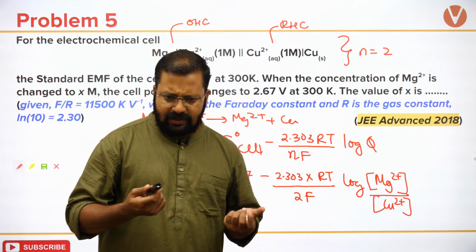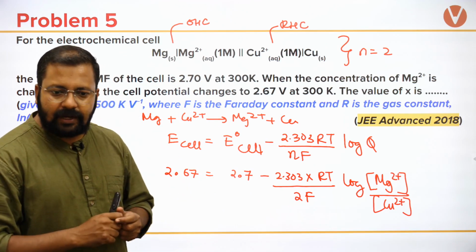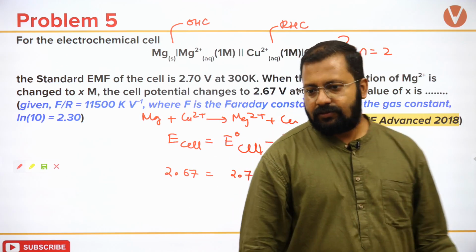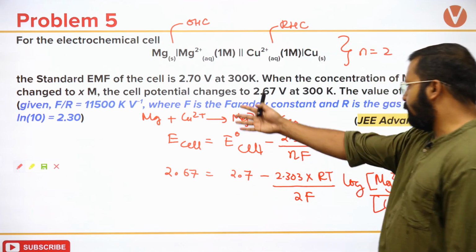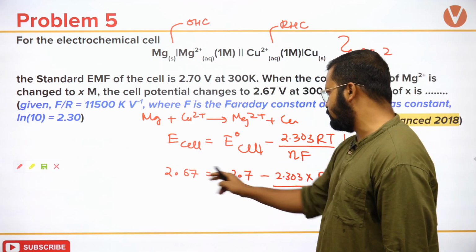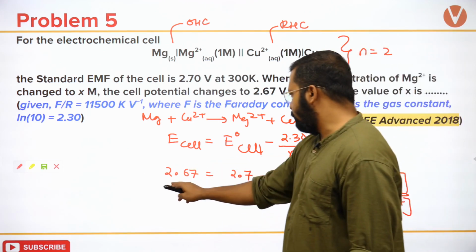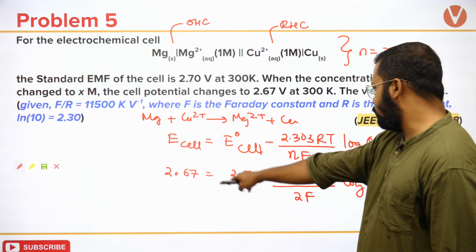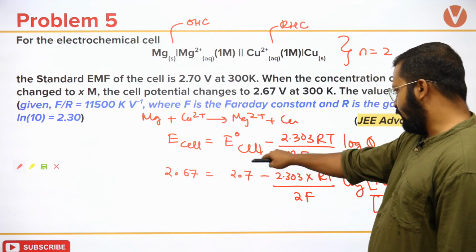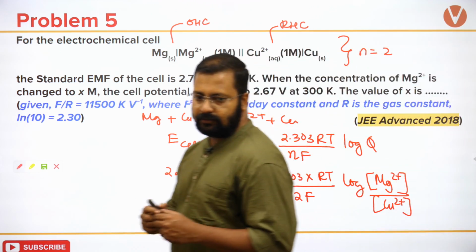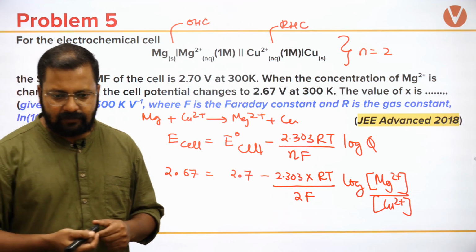So is everybody getting 10? A lot of people have answered that they are getting 10. Here everything has been given to you, F by R, because when you subtract this, you will get minus 0.03, and minus 0.03 times 2 times F by R times 1 by T. So approximately 10.